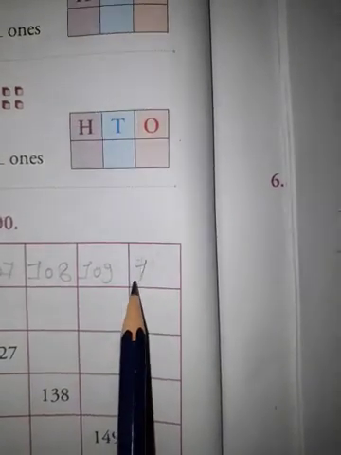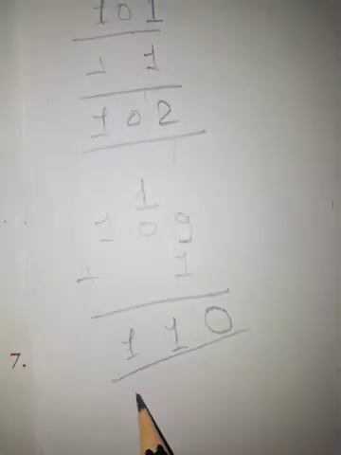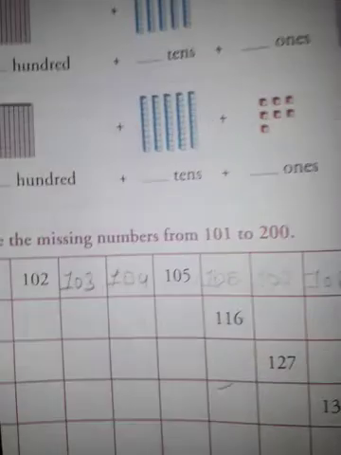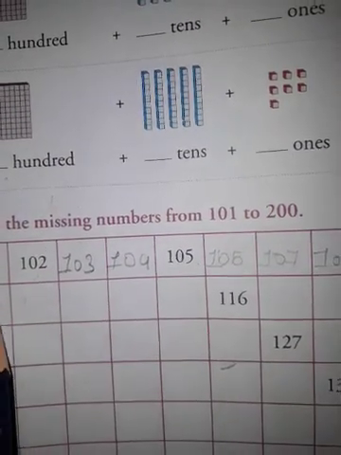So what we get is 110, so you write 110 here. Is it clear to all of you? Yes. And after 110 you increase by 1, this one and this one are as they are, so you get 111, so you write 111 here.